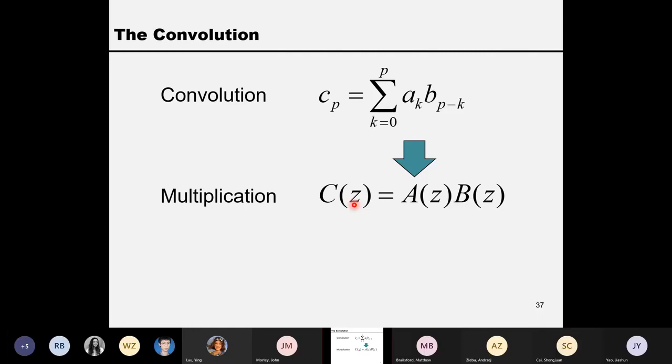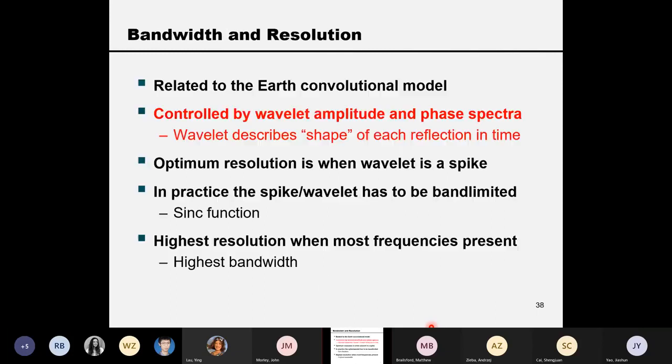We can use the discrete Fourier transform. So now, in the Fourier transform domain, convolution becomes a multiplication of two Fourier series, right? We already learned this. Now we're talking about phase and amplitude, how we use this formula.